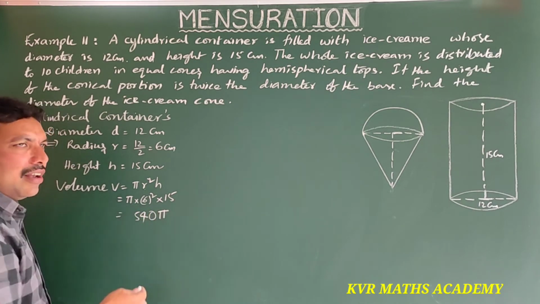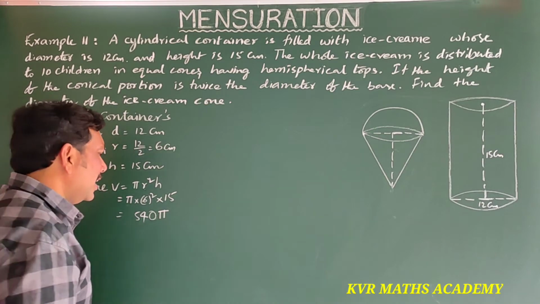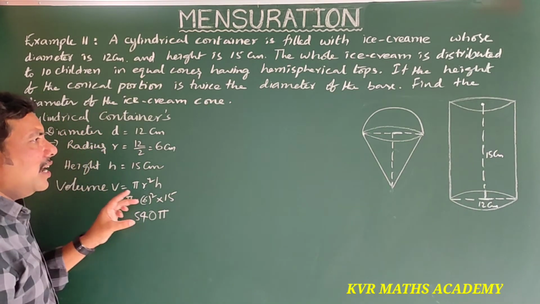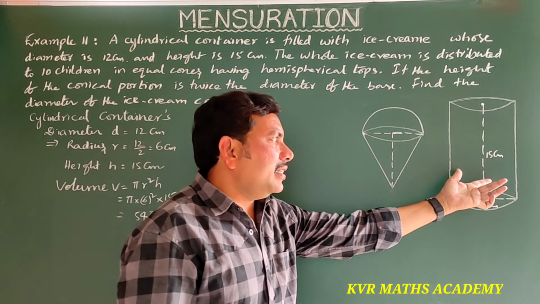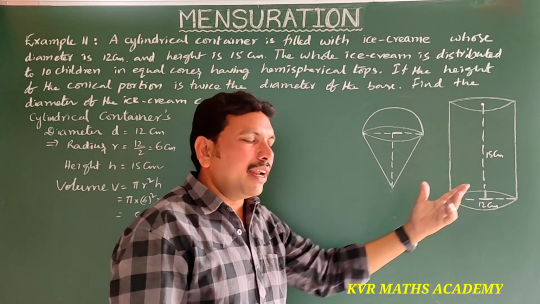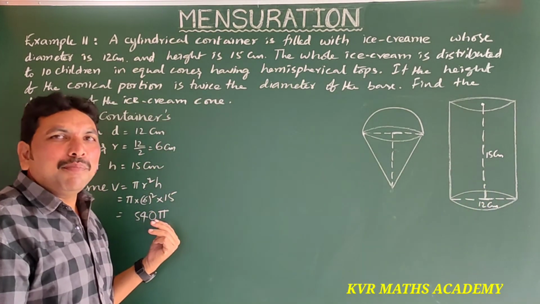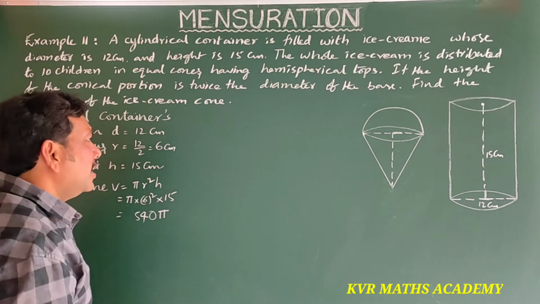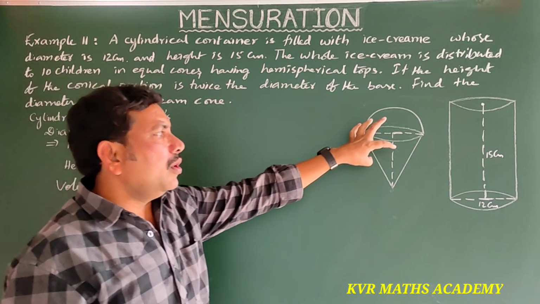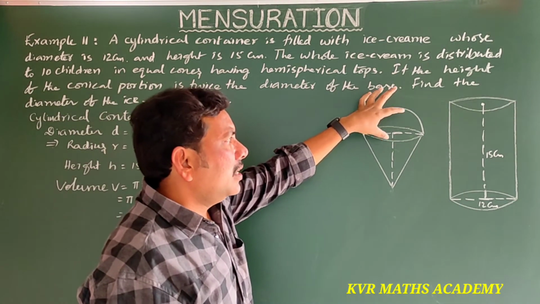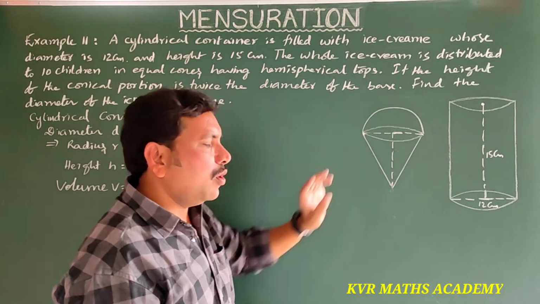Don't substitute the pi value, keep it like this first. So the volume of the cylindrical container full of ice cream is 540 pi.